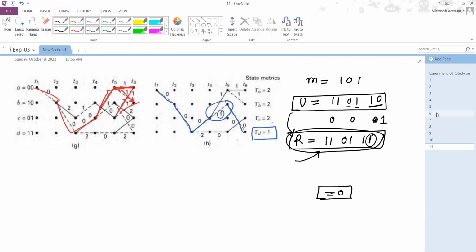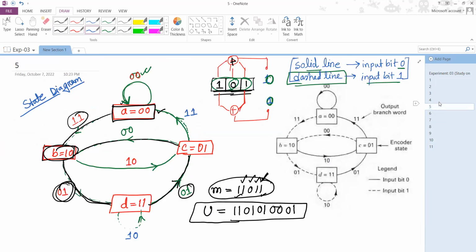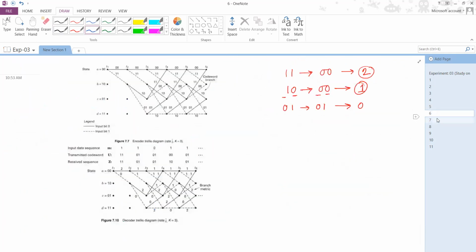So if I go back to the previous slide, you can see that in the receiving sequence for T4 to T5, the transmitted code word is 0 0, and we are having 1 0 here. That means in the received sequence, the message bit has changed, right? And that's why instead of 0 0 in this position of the code word, we are having 0 1.